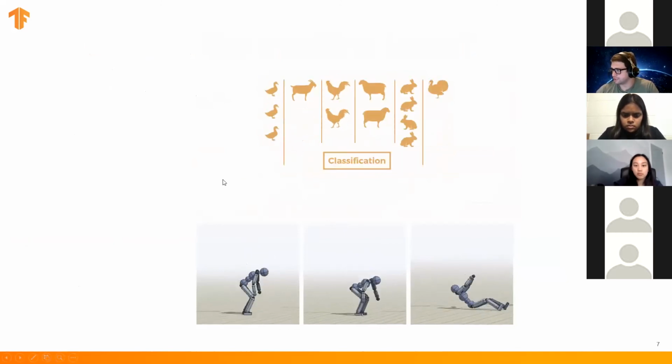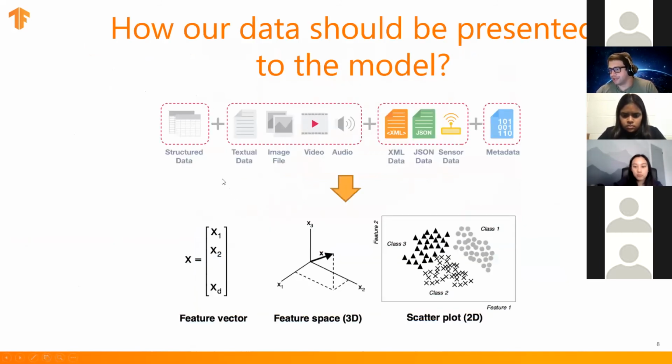Okay, but how does our data need to be presented to the model? This is really, really important. And after that, we're going to move on and start working on the demo, and you're going to understand a little bit what I am talking about. At this point, what I want to show is that data sets can be an Excel file, images, videos, or audio files.